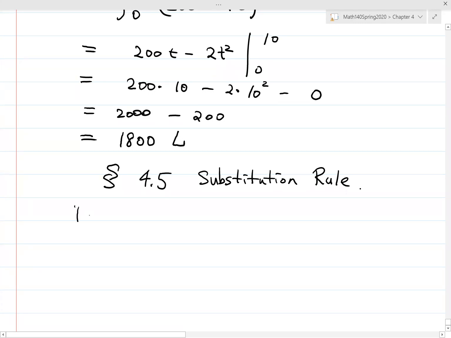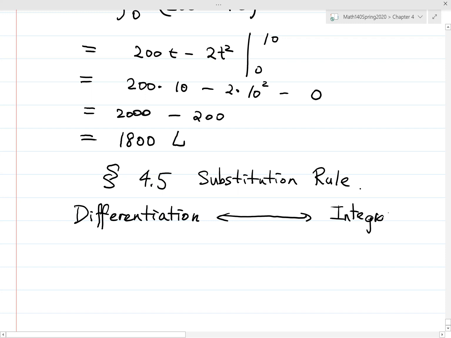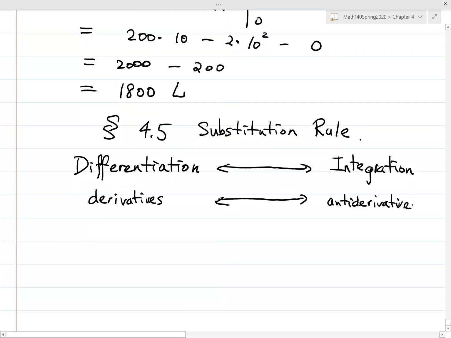Recall that in calculus we have differentiation, i.e. taking the derivative, and also integration. They are inverse operations. Here we have the derivative of a function, and here we have the antiderivative.